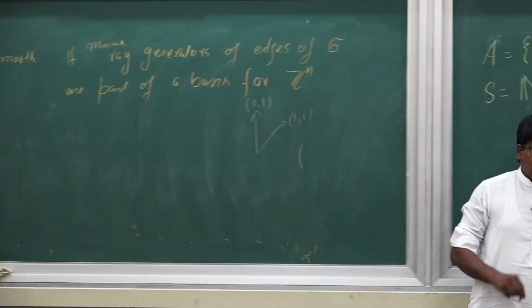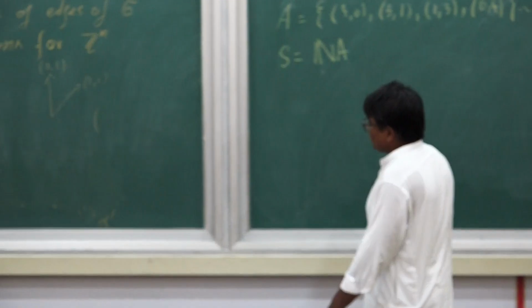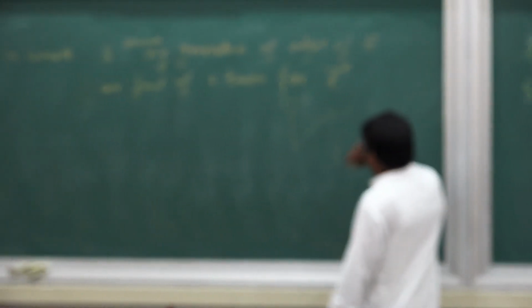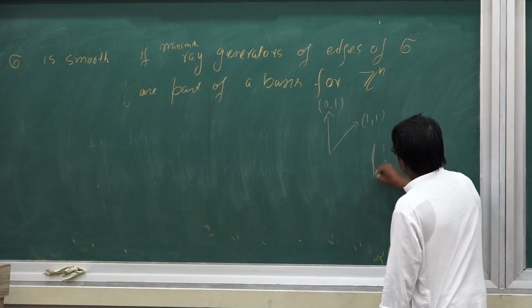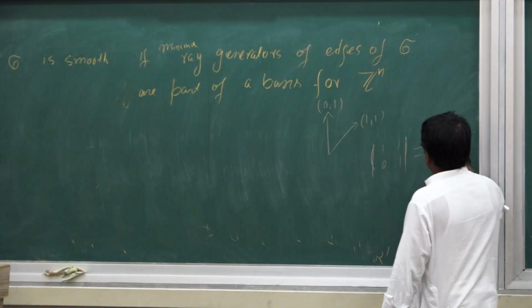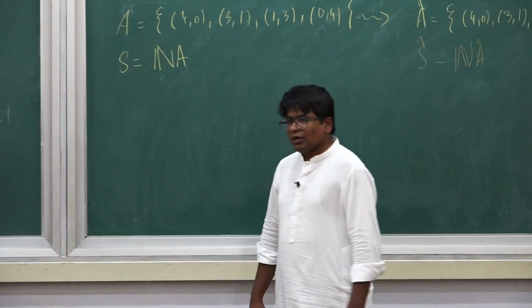By the way, if you have n vectors and want to see whether they form a basis of Z^n, all you have to do is take the determinant, and if the determinant is plus or minus 1, then you are done. Otherwise no.